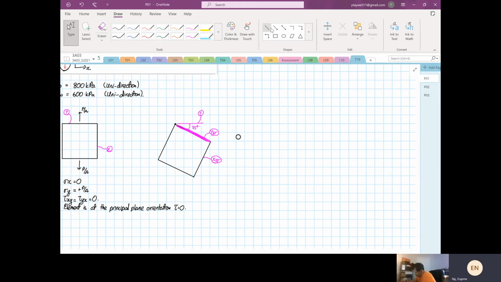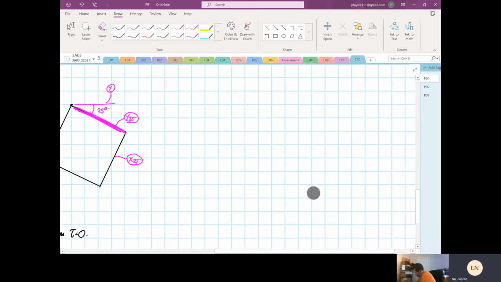This has more tensile, so I'm going to draw the tensile axis. Then this is our shear.